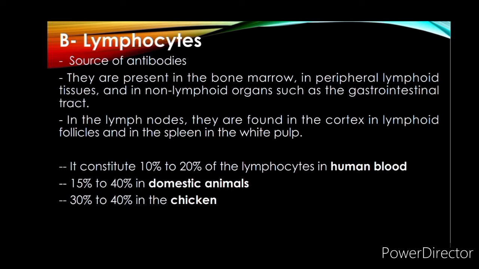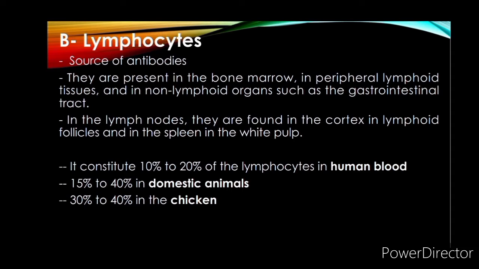They are present in the bone marrow, in peripheral lymphoid tissues, and in non-lymphoid organs such as the gastrointestinal tract. And in the lymph node, they are found in the cortex and lymphoid follicles and in the spleen in the white pulp.